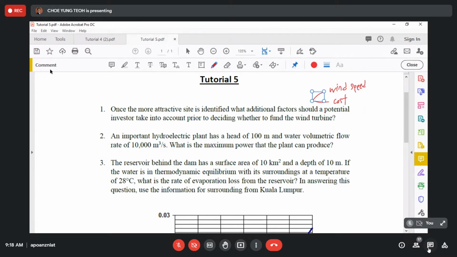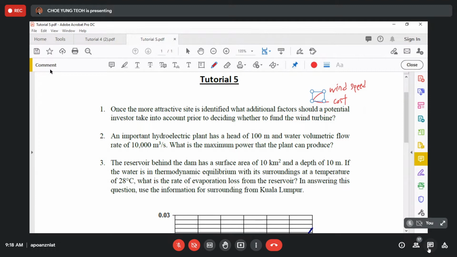Okay, what else? Maybe you also have to consider, when we calculate the wind speed, we use a historical wind speed distribution function. Always like this, because we will never have the future data. We only have the past data. So in that case, how will the future correlate with the past data?